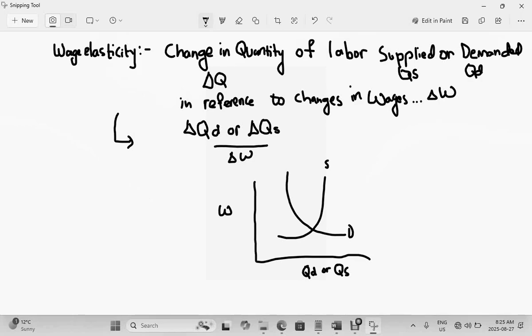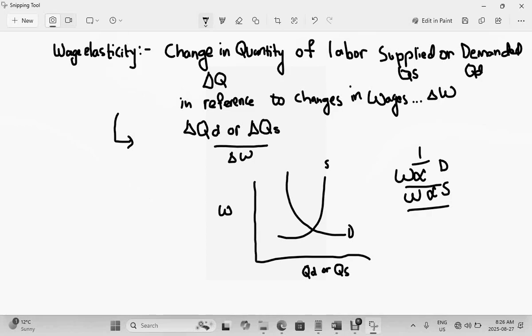So wages are inversely proportional to your demand, and wages are directly proportional to your supply. That would be it in terms of the equation.